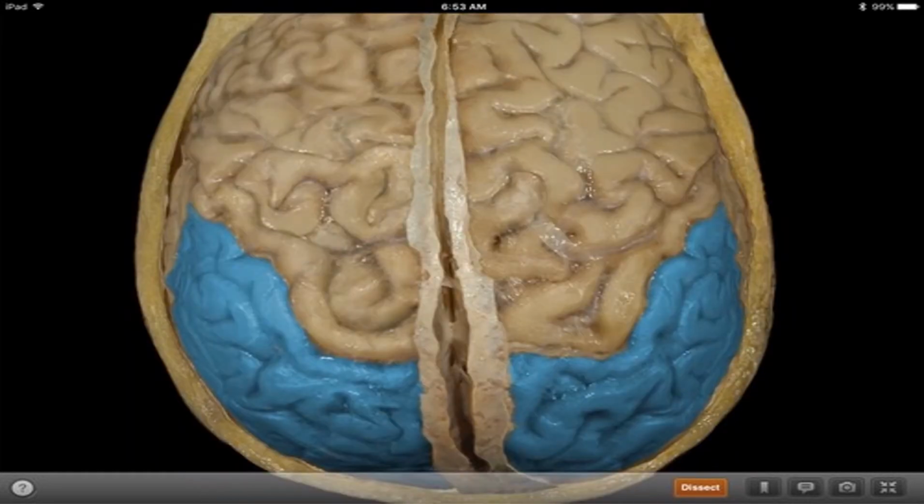The lobe posterior to the central sulcus is going to be the parietal lobe, and this is the post-central gyrus, and this is called the sensory area.